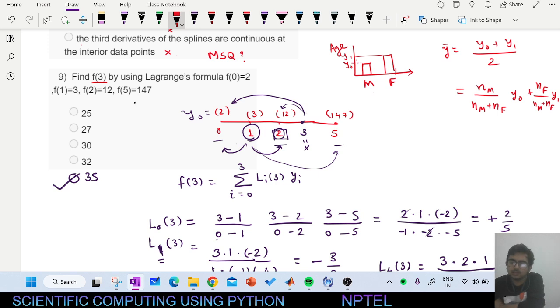Okay. So what we are saying is essentially that this average y is some combination of y0 and y1, and there are these coefficients which are just the fraction of male and female.